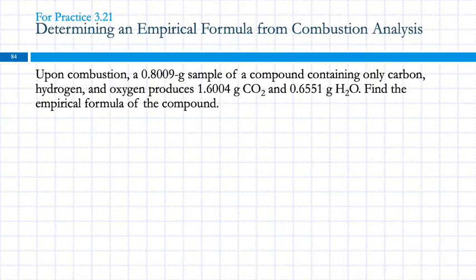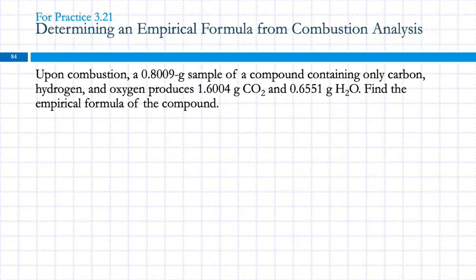So we need to get moles of carbon, moles of hydrogen, moles of oxygen. We can take the mass of CO2 and find moles of carbon. We can take the mass of water and find moles of hydrogen. But the mass of oxygen we can't get from this, because in the process of burning, we're pumping tons of oxygen in there.